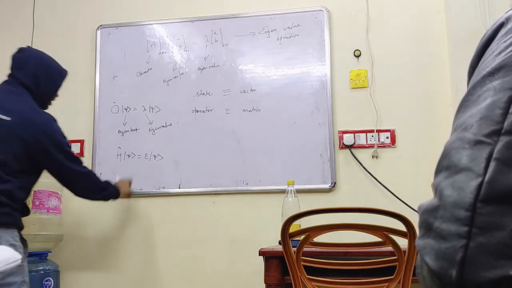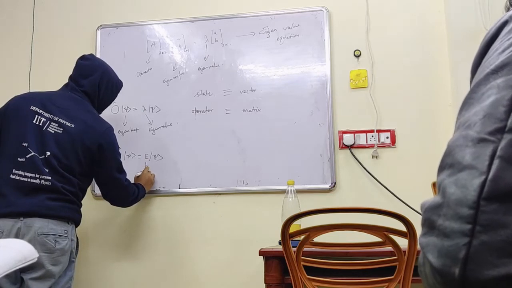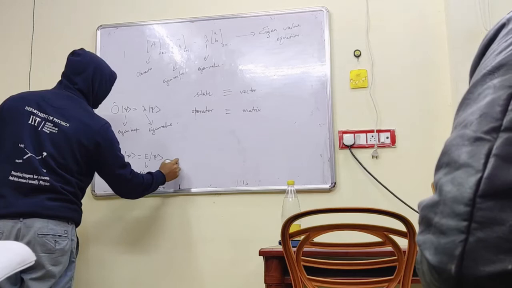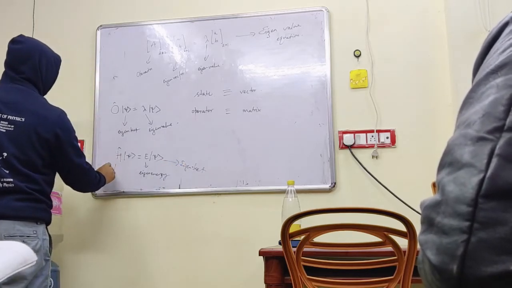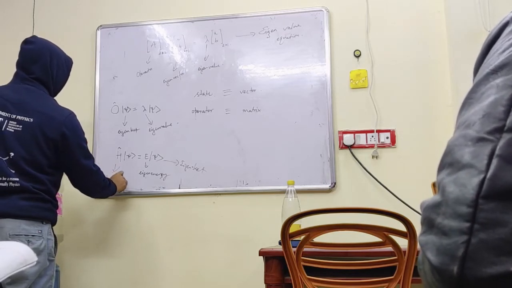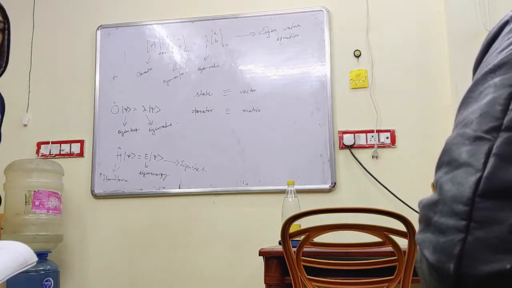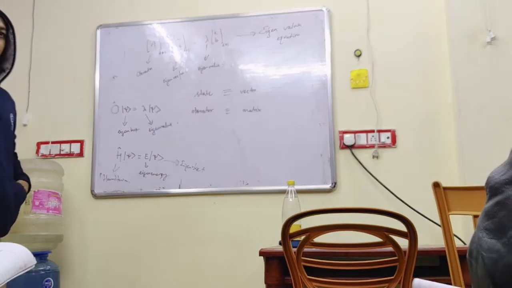And this value here is my eigenenergy, this is my eigencat, and this is my Hamiltonian. We know that Hamiltonian's eigenvalues are nothing but your energy. That's why I call them eigenenergy.